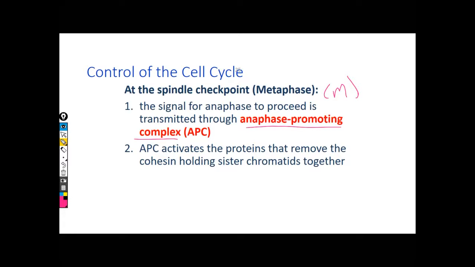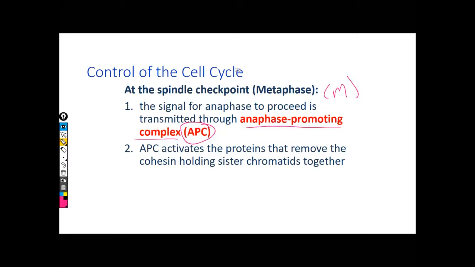The key here is, while we were imagining our movers just pulling and pulling on their spindle fibers, and the kitkats come apart, luckily, that's not actually what happens. This APC, our anaphase promoting complex, is going to come through and actually check that everything is lined up, all the tensions are right, everybody's connected, and that's key.